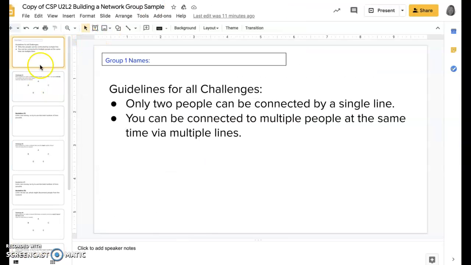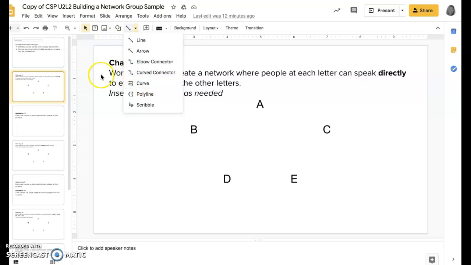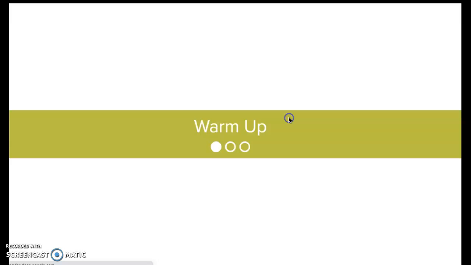So you'll be in a group, you'll put your group name, and then each letter represents a person in the group, and you'll insert lines, and the way you insert lines is up here. And you can insert curvy lines with this tool here, this icon right there. Okay, let's go back to this.